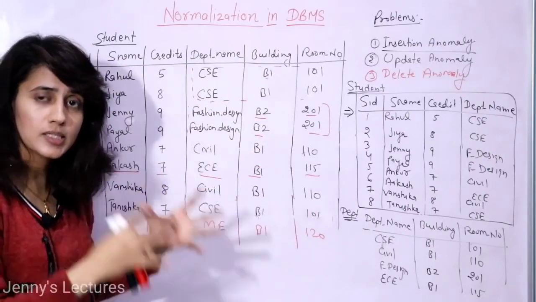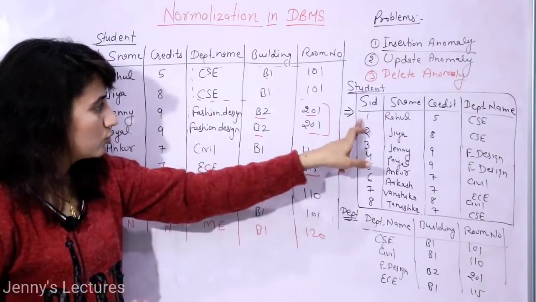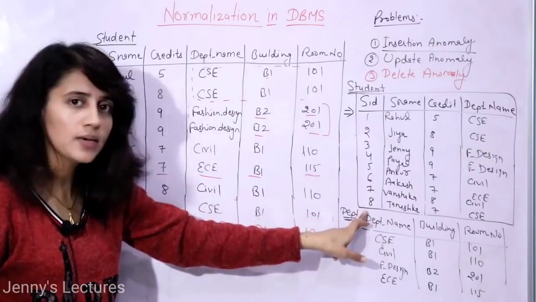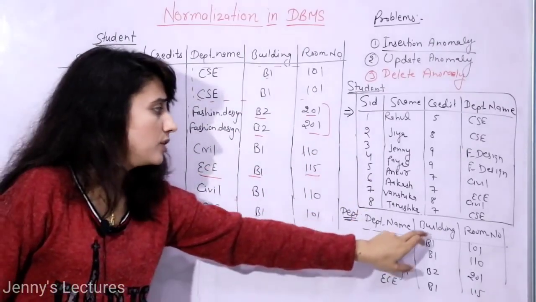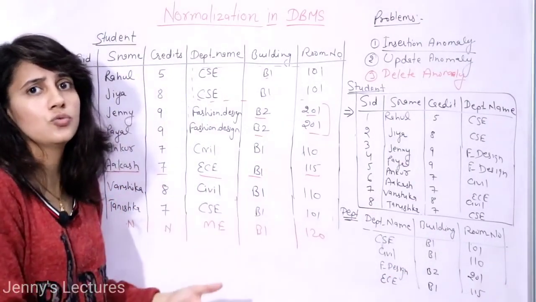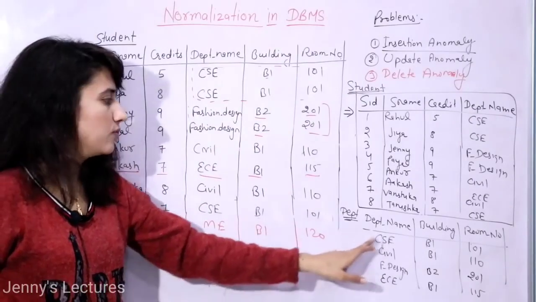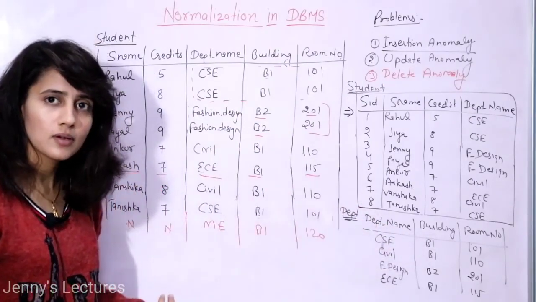If in CSE department we have 100 students, then obviously we will store the information of 100 students in this table, but this information, building and room number, no need to repeat for all the students. Just make a separate table and store that information only once, fine.